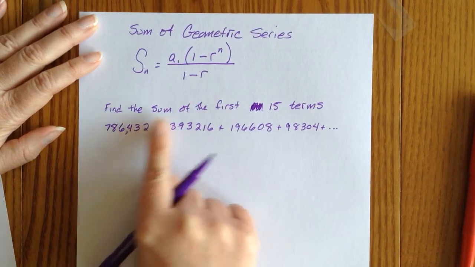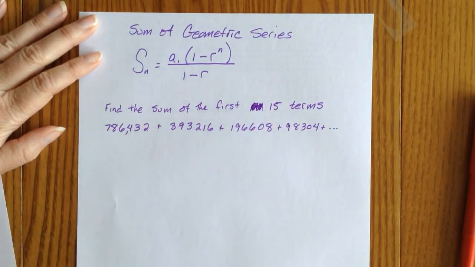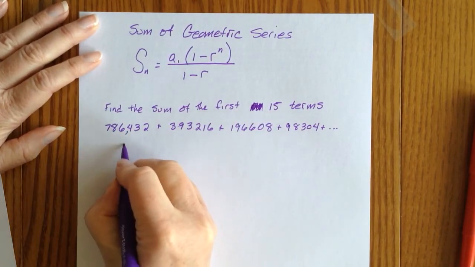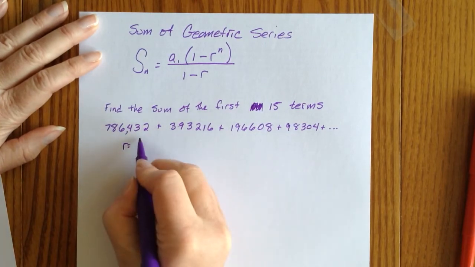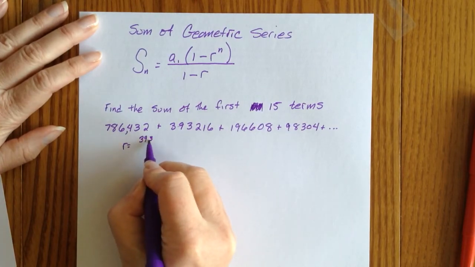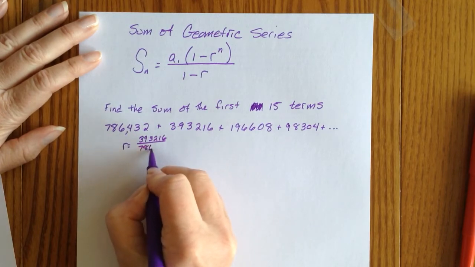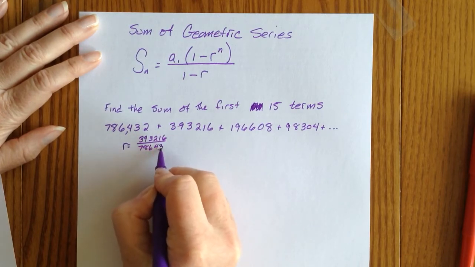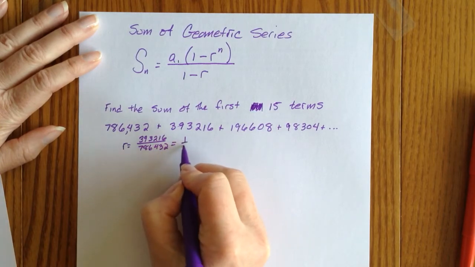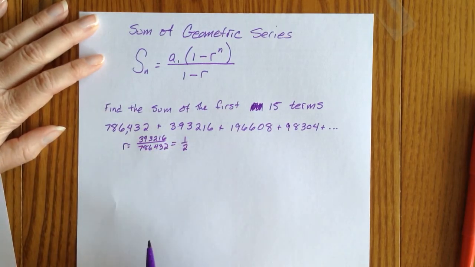Here's what we're going to need to do. We're going to have to see if there's an R value. Just like we did in the previous example, we can take any two terms. I'm doing the second term and dividing it by the first term, and we form a ratio. And out pops 1/2. Now listen, that does not guarantee it's geometric.